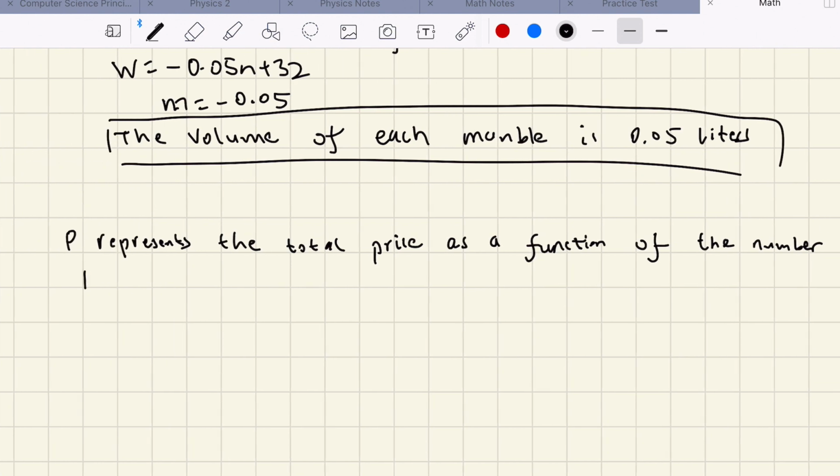The function is given that P equals 0.8n plus 5.5. So the question is, what is the price for 10 balls?